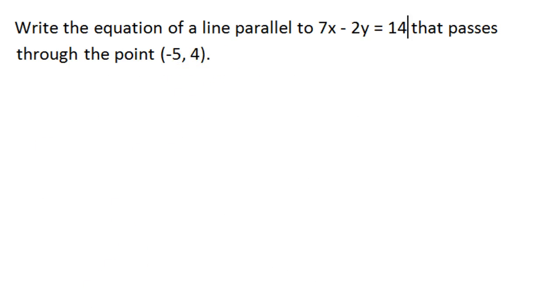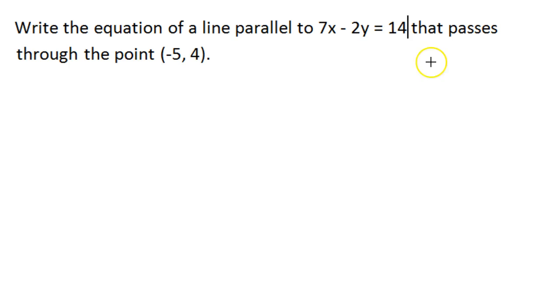And so here's a second example. Write the equation of a line parallel to 7x minus 2y equals 14 that passes through the point -5, 4. So once again, we write the slope of this line.